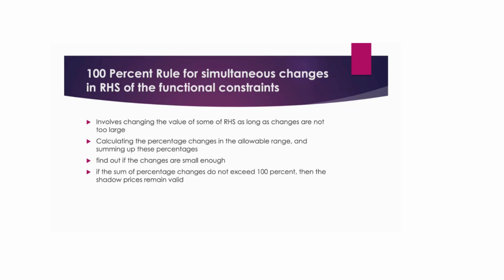The procedure is to calculate the percentage changes in the allowable range and sum up these percentages, and then find out if the changes are small enough. There you have, again, the 100% rule. If the sum of the percentage changes do not exceed 100%, then the shadow prices remain valid.